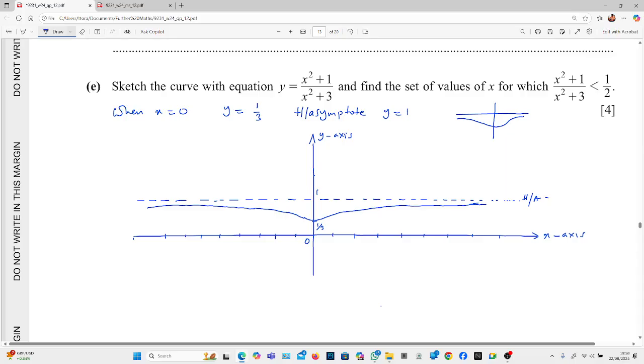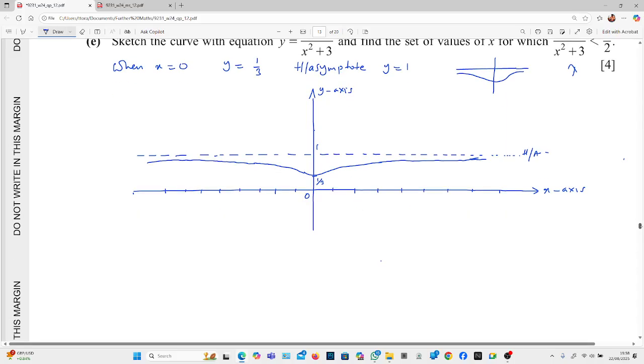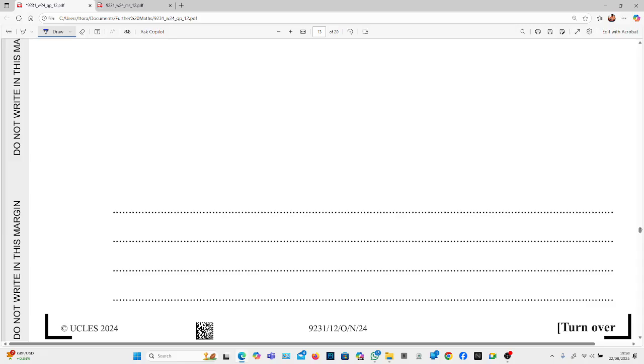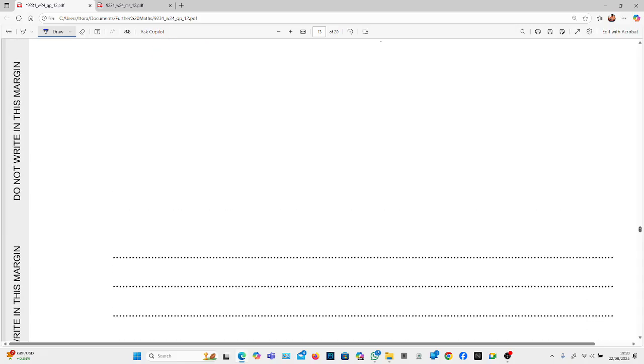Now I need to find the set of values of x for which this inequality is less than half. So basically we're just going to solve (x squared plus 1) over (x squared plus 3) is less than half. This is not that difficult to solve.